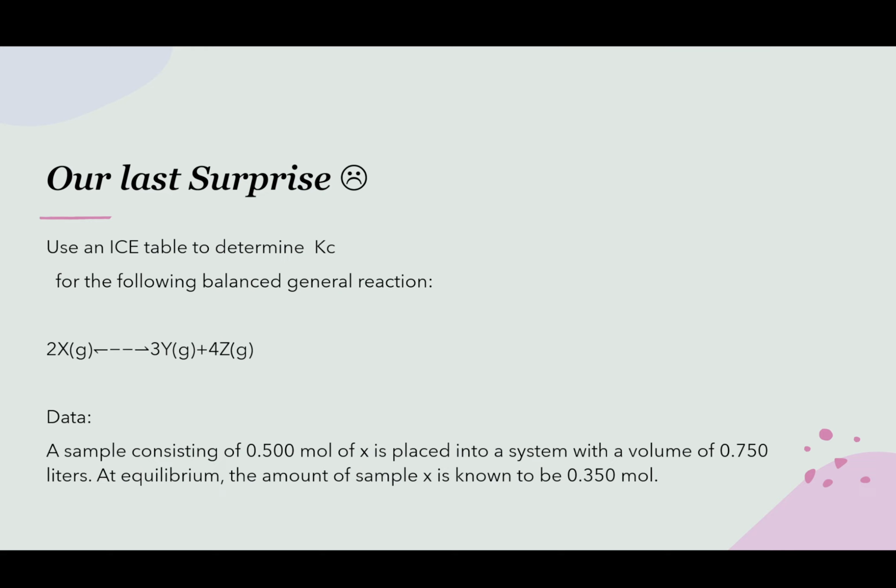So 2x, and then 0.500 moles out of a volume of that. Alright, this is actually fine. This is lovely actually. It's an easier set of questions, I would guess.